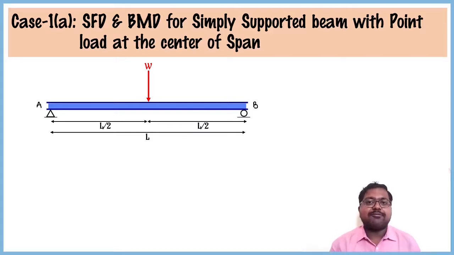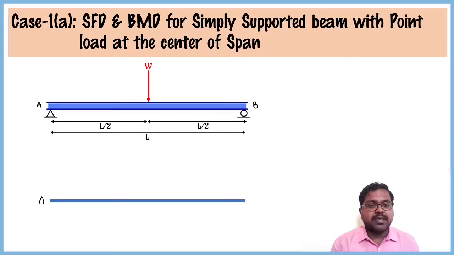So let us see the free body diagram of the beam first. If I consider this free body diagram of the beam AB, then due to this load W, which is the external force acting on the beam, an internal resistance is offered in the beam. Whereas to keep the beam in equilibrium, an opposite reaction force is acting at the supports.